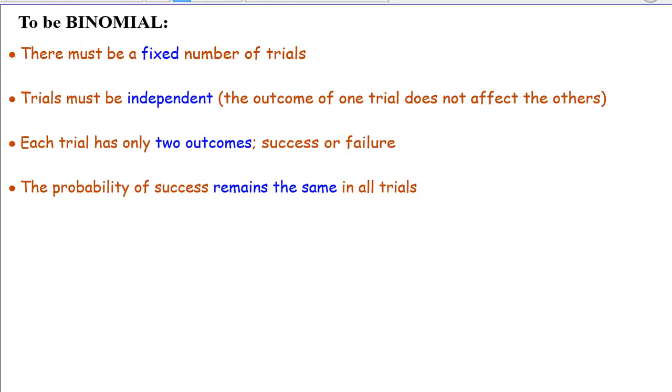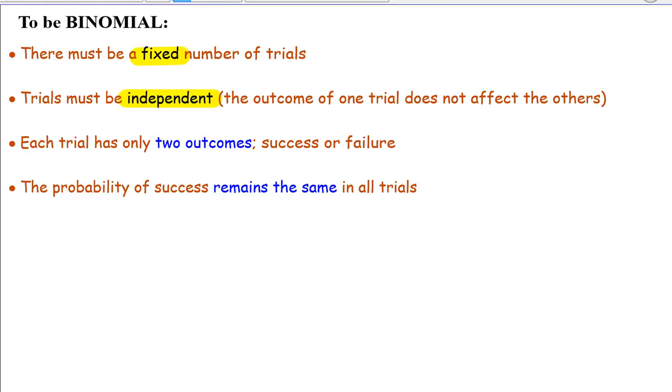What you are seeing here, and this is very important, are the characteristics of a binomial experiment. There must be a fixed number of trials. Each trial has to be independent.